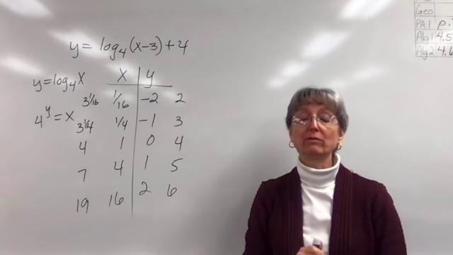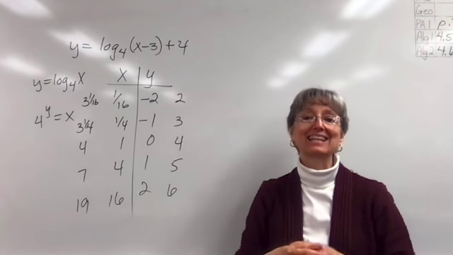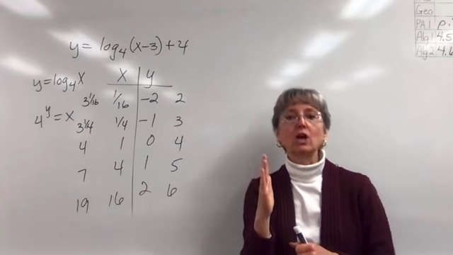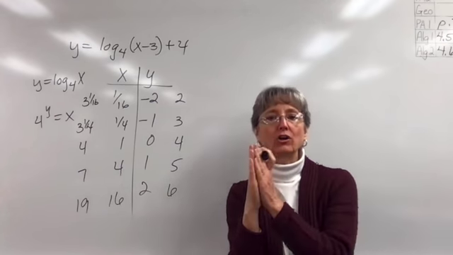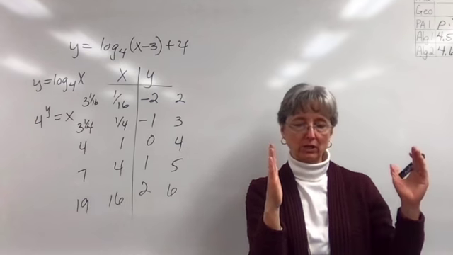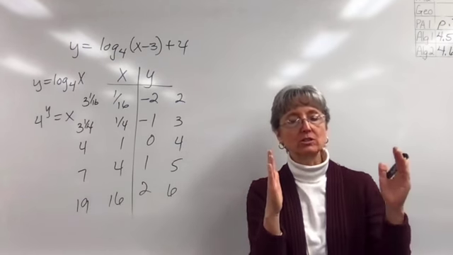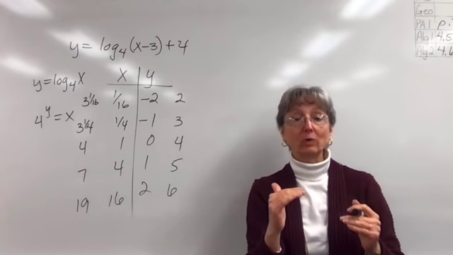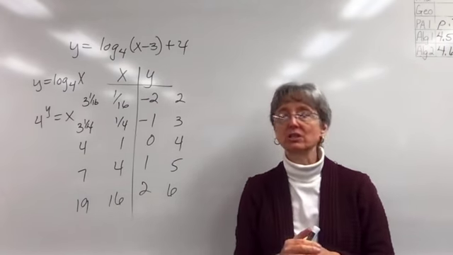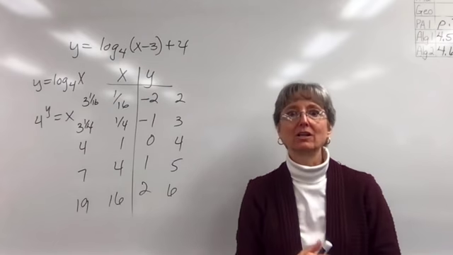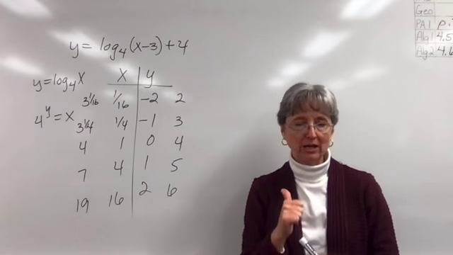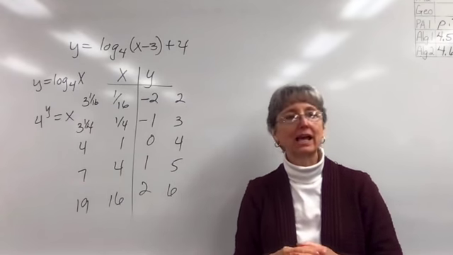Your new vertical asymptote is x equals 3, which means your domain, all your x's are greater than 3. So instead of x being greater than 0, your domain is x is greater than 3. Your range is still all real numbers. It will not affect your range. Be sure you understand that concept and that you can work on answering that, and I'll help you if you need it in class.